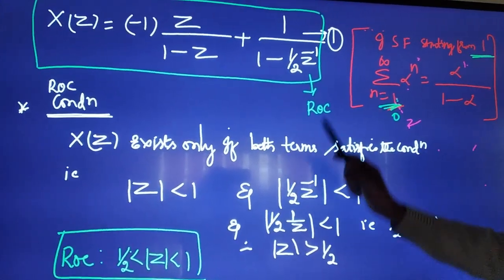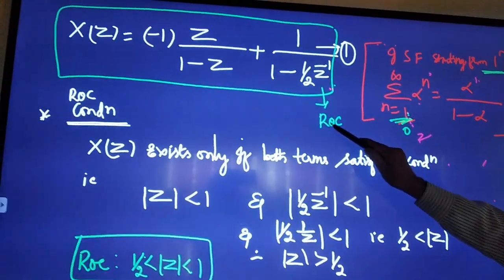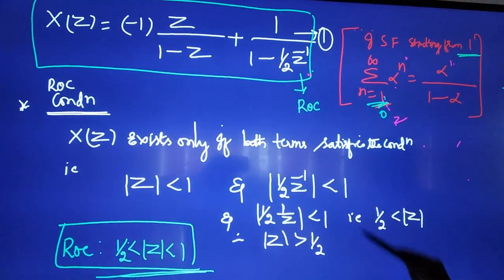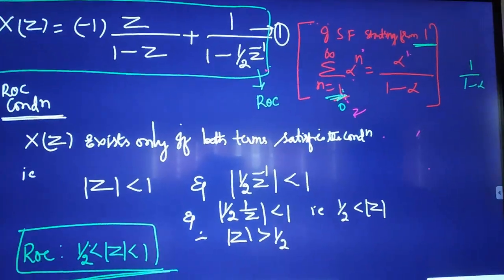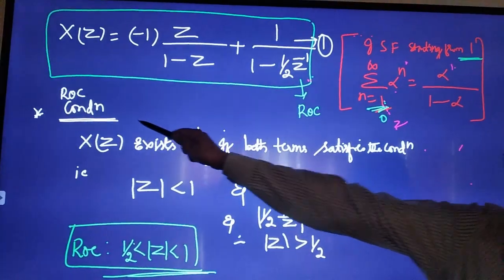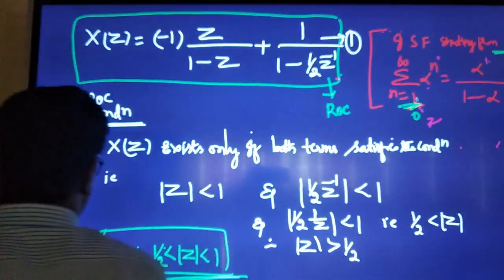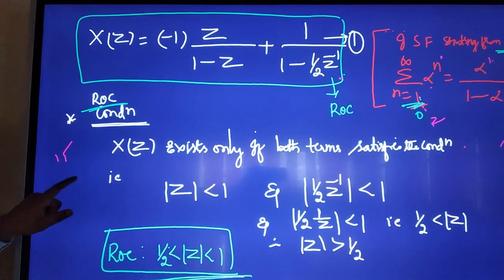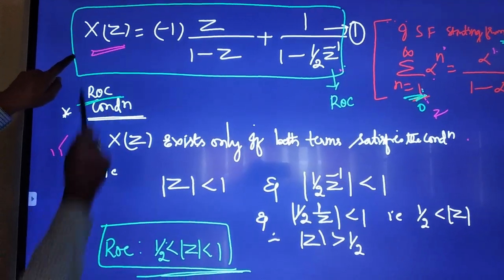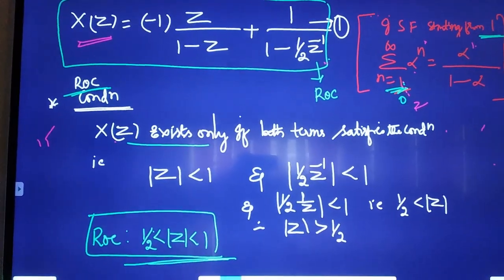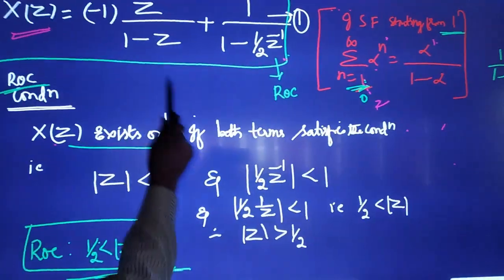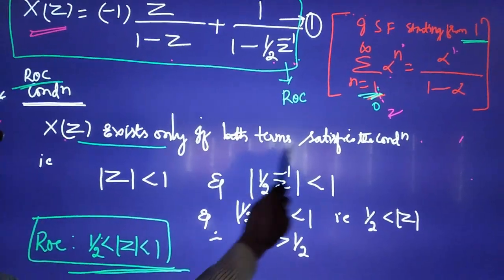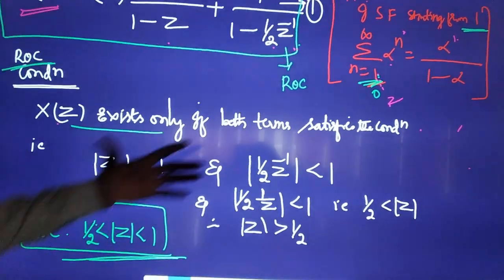Call this equation number 1. Using this equation, we can find the region of convergence, where exactly it converges. Then apply conditions. X of z exists only if both terms, this term and this term, satisfy the conditions.